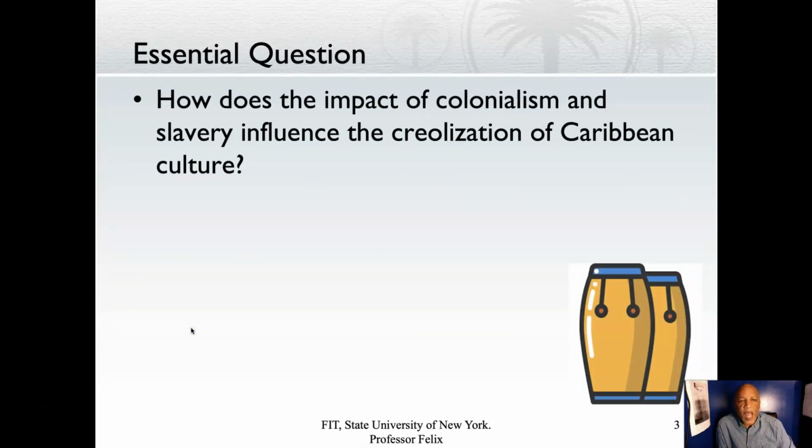But how does the impact of colonialism and slavery influence the creolization of Caribbean culture? Creolization basically relates to the situation where people from various parts of the world came together and created a particular culture in a new place. And in this case, the Caribbean.